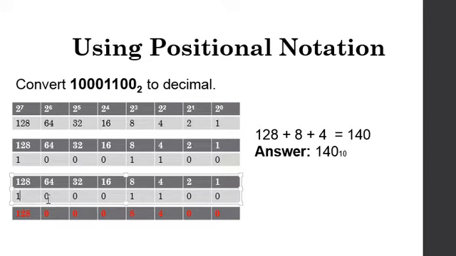This is the binary number that I'm trying to convert. 128 has 1, therefore I bring down 128. If it's 0, you will not bring down anything, you will just write 0. In the cases of 64, 32, and 16, they go with 0. That's why I will just write 0 here.